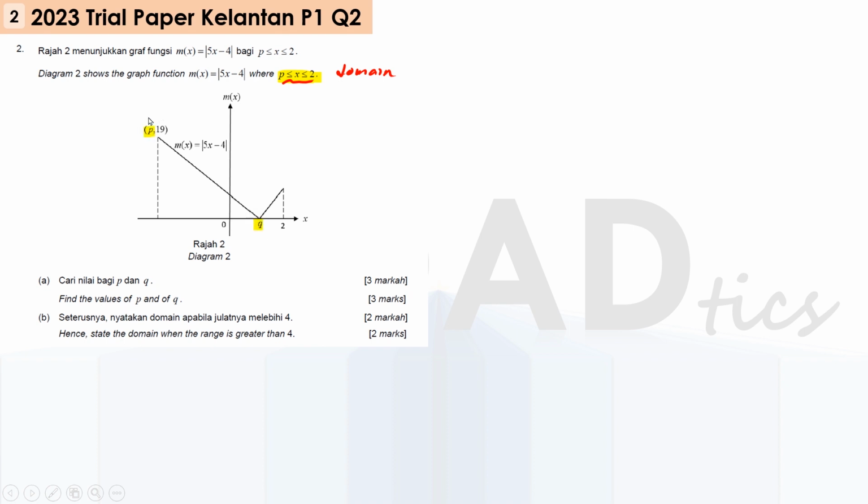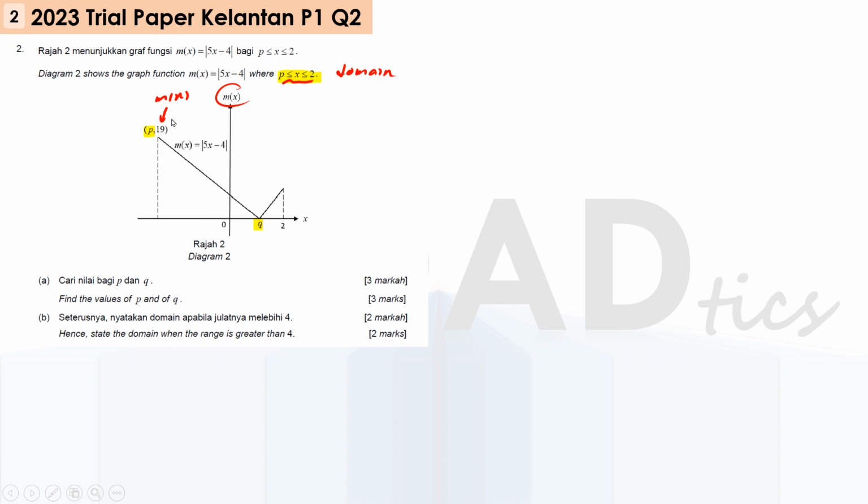P is actually the x coordinate of this point, and Q is actually the x coordinate of the x-intercept. To find the value of P here, we can use this 19, because this 19 is actually m of x, as you can see here, the axis is this one.